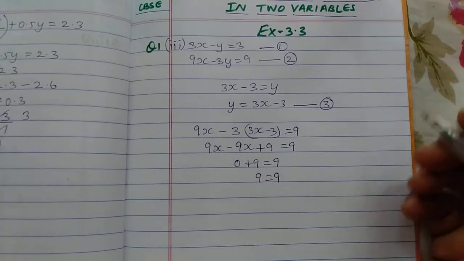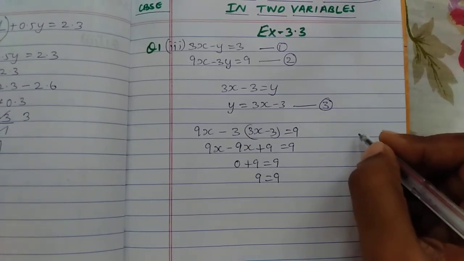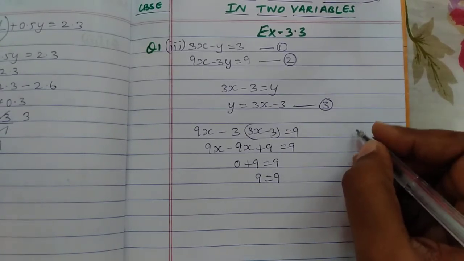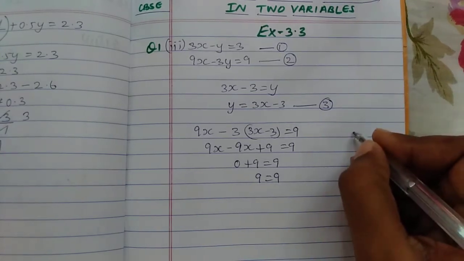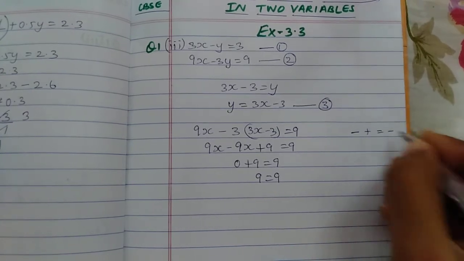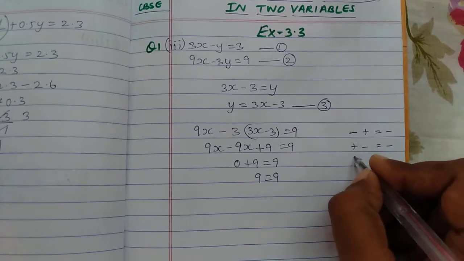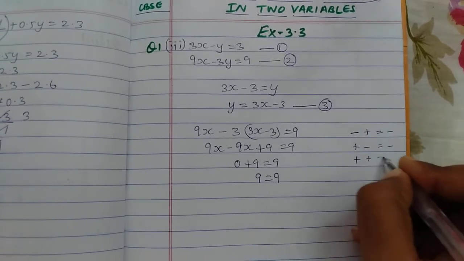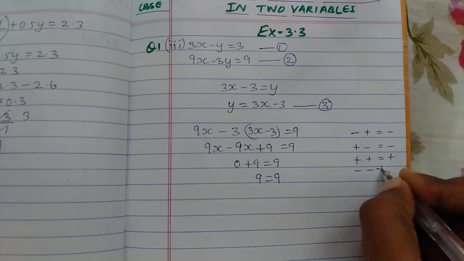Now coming to the sign rules, I told you in my earlier video that there are some sign rules that you have to follow. Let me tell you: minus and plus is minus, plus and minus is minus, plus and plus is plus, and minus and minus is plus.